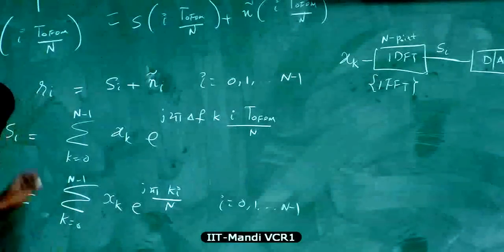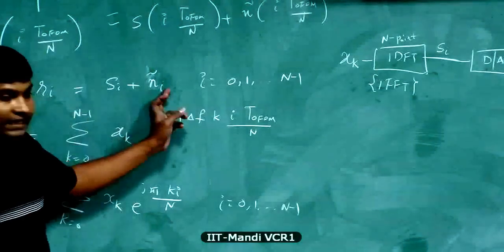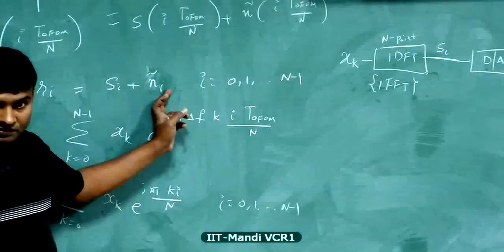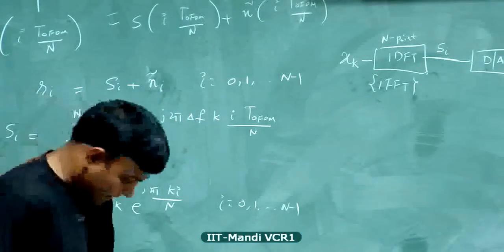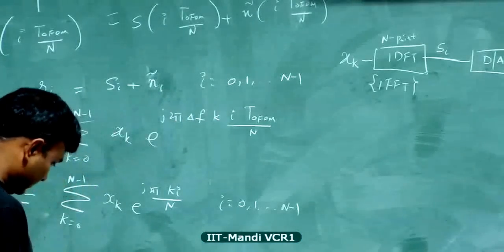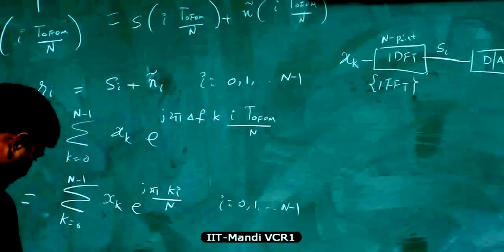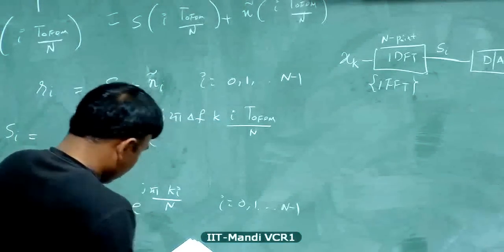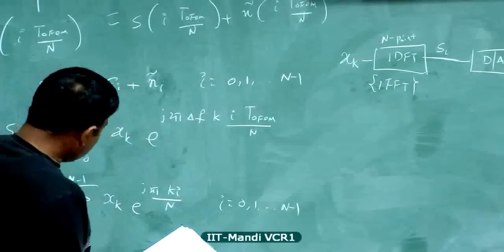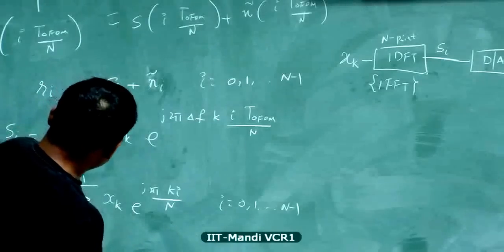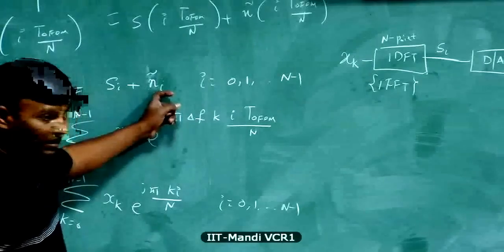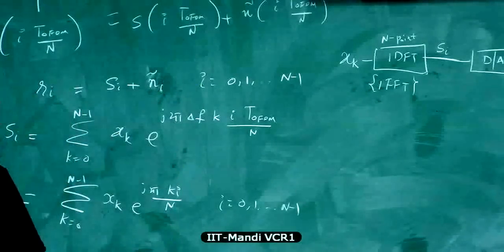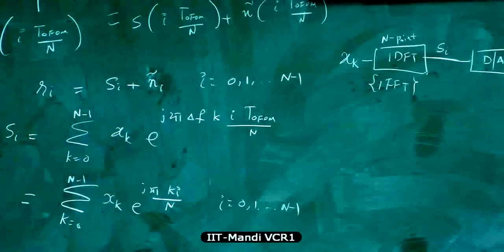Fine. So we have S of i, now we have to look at N tilde of i. What would be the noise power contained in this N tilde of i? What would be the variance of N tilde of i?